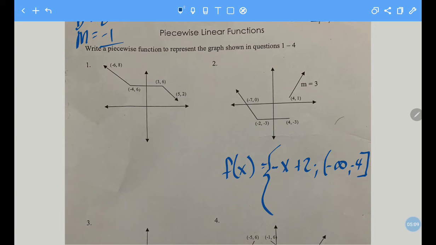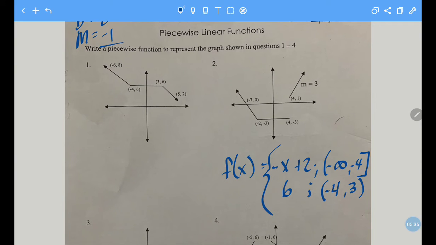Now we're going to do the same thing for this one. This one's easier though. That's just a horizontal line at y equals 6. So part 2 is 6. And what does it go from? It goes from negative 4 to positive 3.